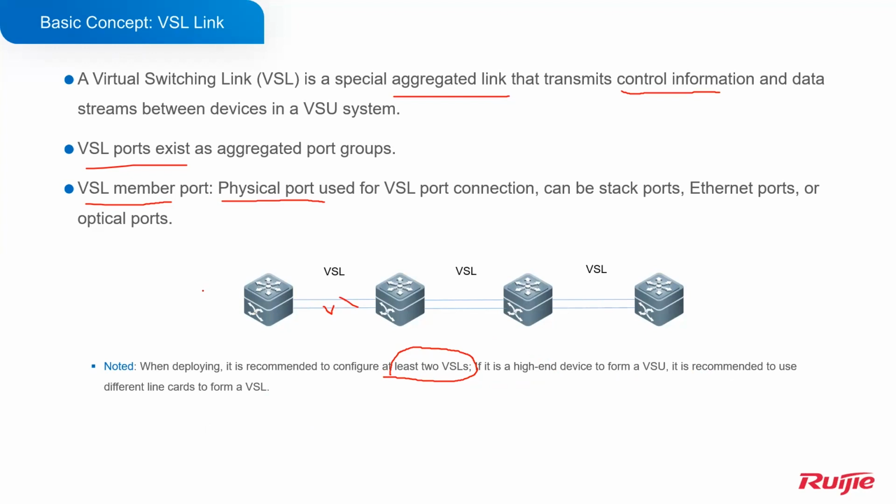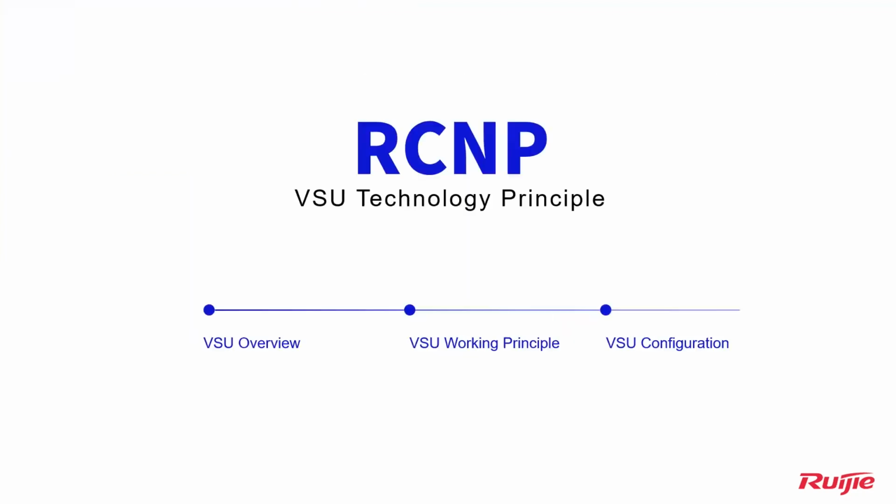You can select one interface in the first slot to become VSL, and also another interface in the second slot to become a VSL link to communicate with each other. It can also provide higher reliability. So this is the basic concept. When we deploy the VSU, you have to know what the different meanings are. And the second part, let's talk about the VSU working principle.